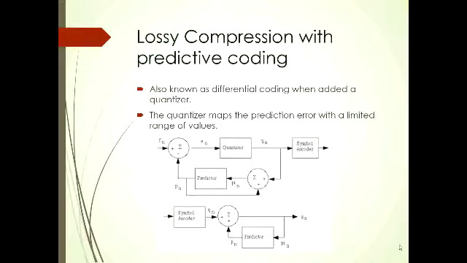As we can see in the two schematics here, the top one is actually differential coding. We can see the quantifier, the symbol coder, and then the predictor. And on the bottom side of the screen, we can see lossless compression with predictive coding. They only use a predictor. They do not quantize. This means that they do not have a range of values to take for an error margin.